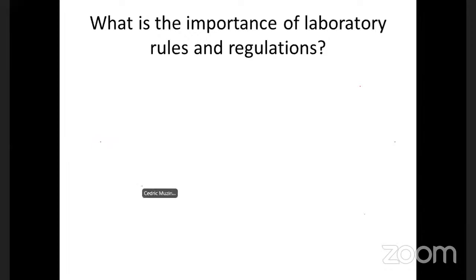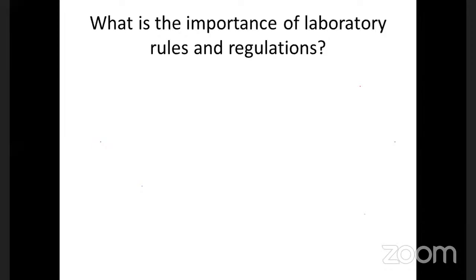Isaac. It prevents destruction of property. Destruction of property. Very good.